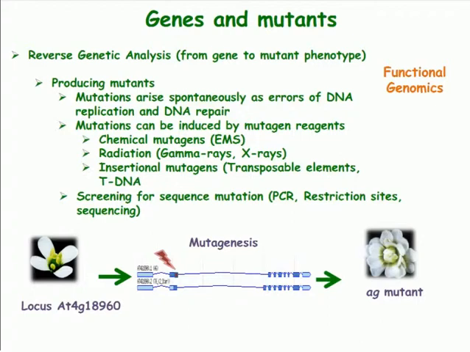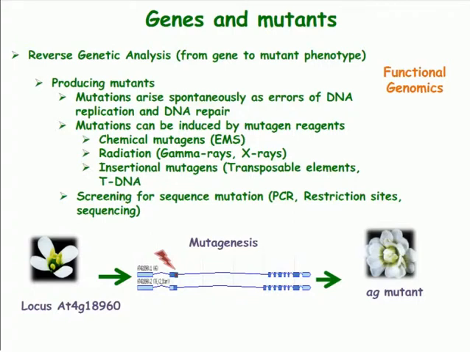The only problem with all these mutations is they are random. You cannot say, I want a mutation in this gene in this position using these techniques. They will produce mutations on the genome, but they will be random. So an important part of producing mutants is the screening. Quite a lot of people produce tens of thousands of mutants, and then they check where in the genome these mutations have occurred.